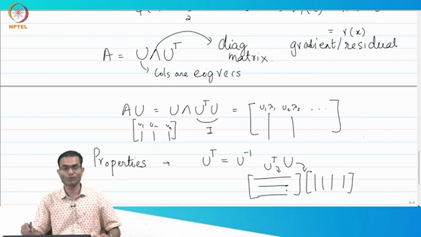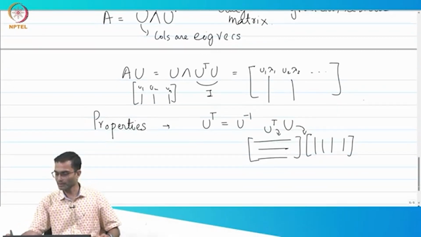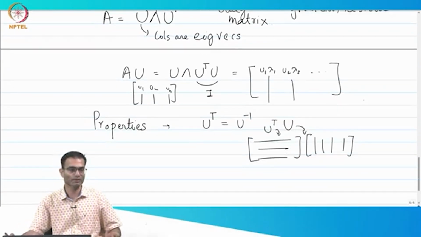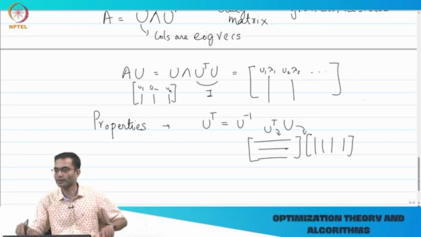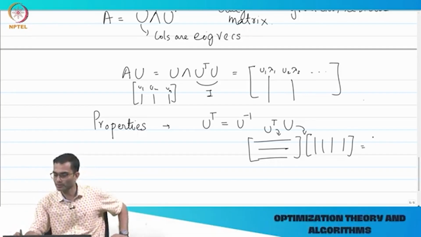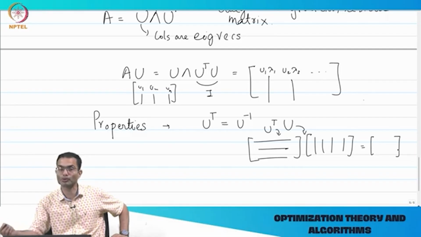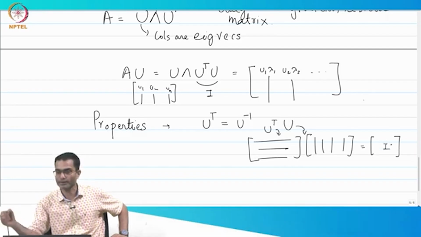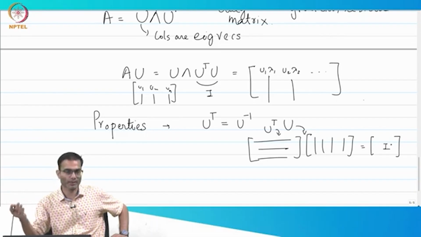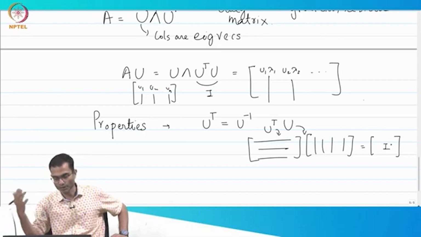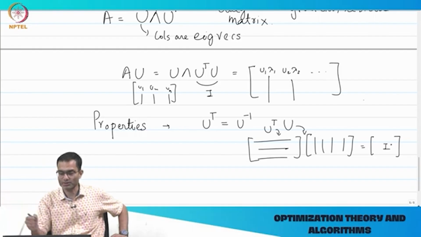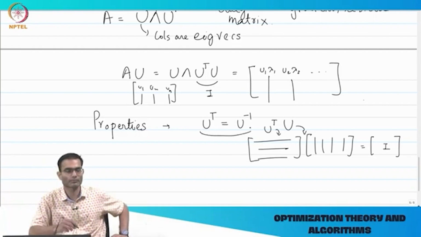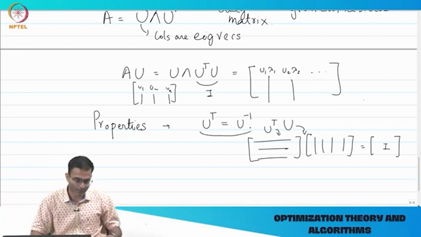Now when I multiply U transpose into U, what will I get? Since they are orthonormal to each other, I'm only going to get diagonal terms in this, right? In fact, since they are orthonormal, what will this be? Identity, right? So this shows you, and it's a square matrix, of course, right? We are working only with square matrices. So this gives you U transpose is equal to U inverse, quite straightforward.